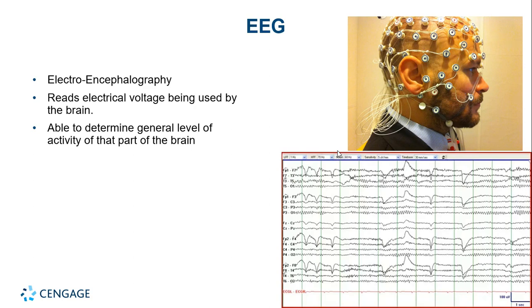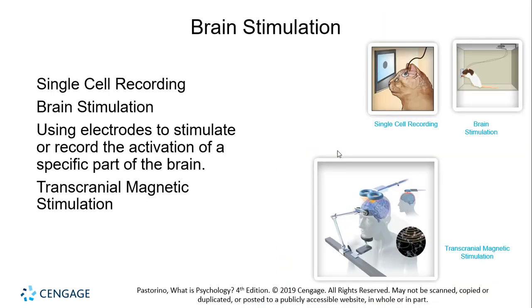And by determining that, I get a readout, like a wavelength readout, as to how much activity that part of the brain is using. We use EEG machines often in sleep studies and things like that, so we can see if your brain is going through the right motions, the right levels of sleep.